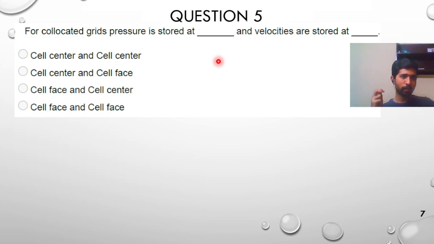What should be the answer? What do we do in collocated grid? It's the normal grid, right? Which we have been studying for the previous two weeks of content.